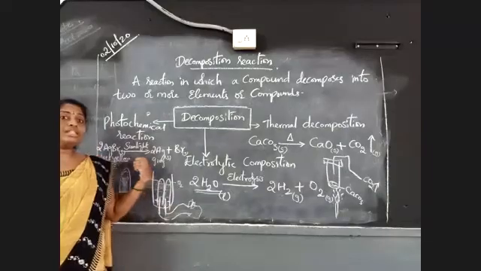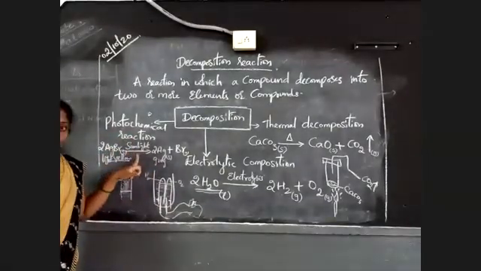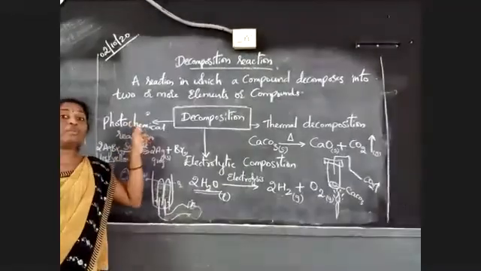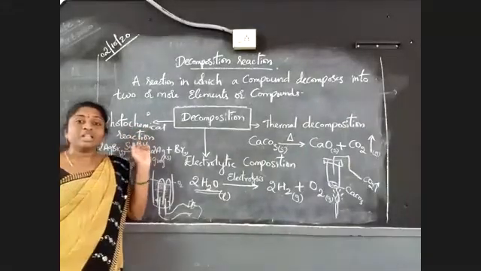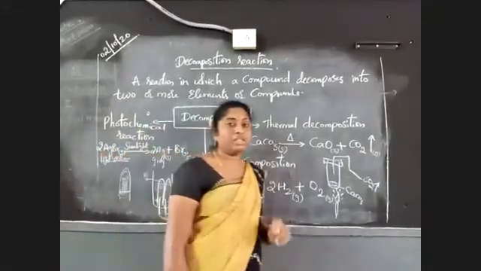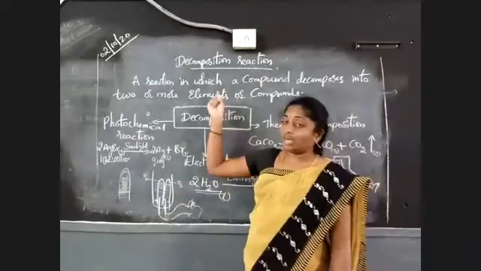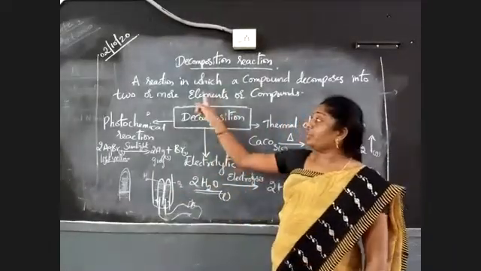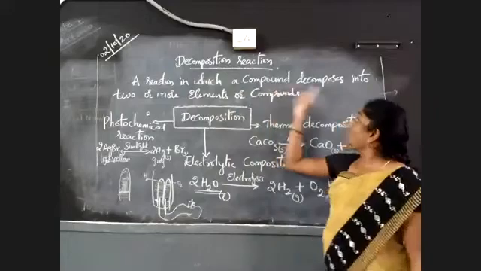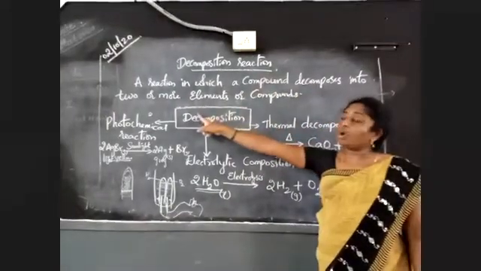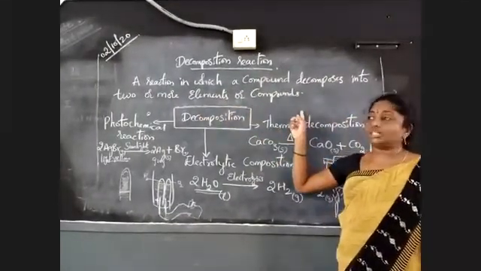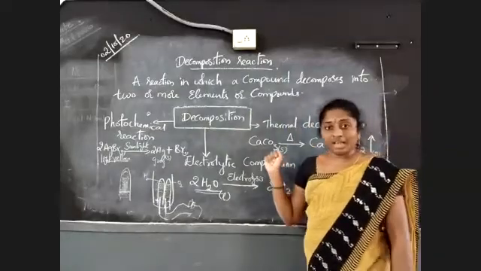This process is done in the presence of sunlight, so we call it a photochemical reaction. Is it clear to all of you? Yes. Now again we'll repeat what a decomposition reaction is. A reaction in which a compound decomposes into two or more elements or compounds is known as a decomposition reaction.